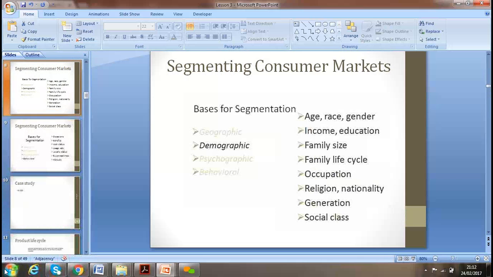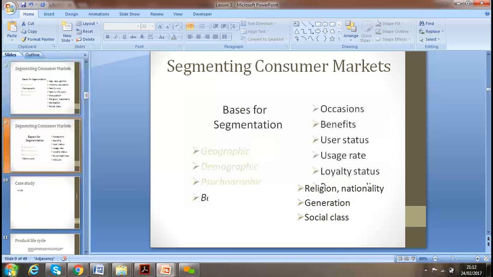Under demographic. So under demographic, we can segment different income groups. In your assignment, you can add some examples, relate it to where you're working, see whether your own organization segments its product and services, and identify what bases those are.